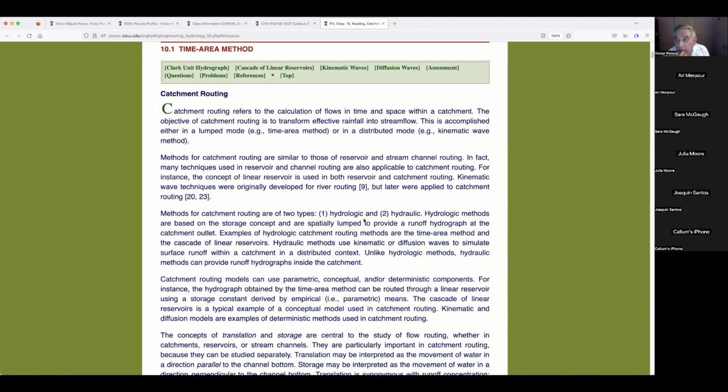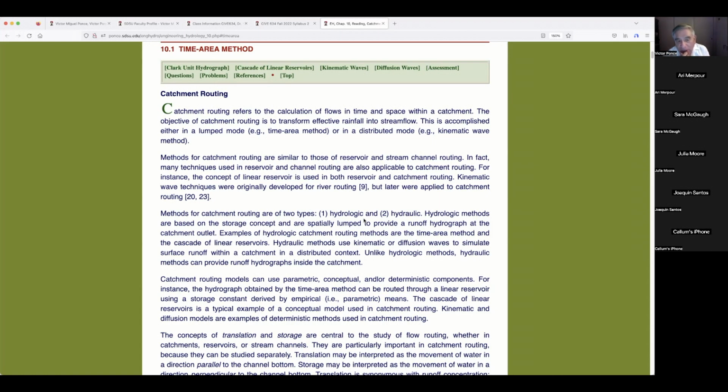For instance, the linear reservoir concept, which is very useful and very common, is used in both reservoir and catchment routing. Kinematic wave techniques were originally developed for river routing, but later were applied to catchment routing too, later, okay? And that's a story or a history that we have to deal with later on.